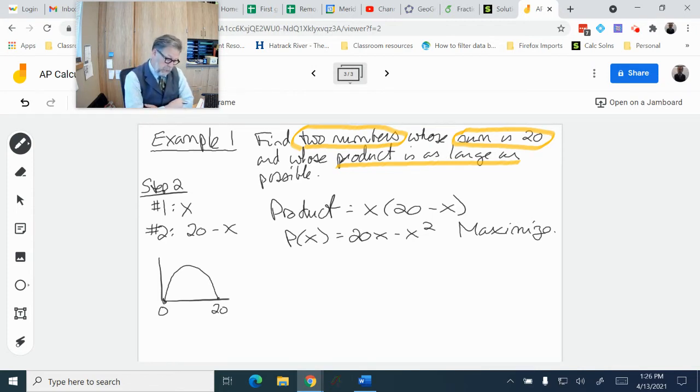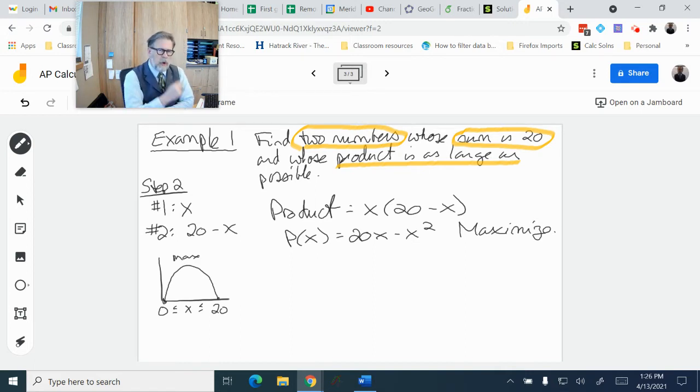It's a downward opening parabola, and I already have a pretty good idea of where that maximum is, but I'm not going to worry about that yet, because the point here is the steps. So I'm just going to look at x values between 0 and 20.